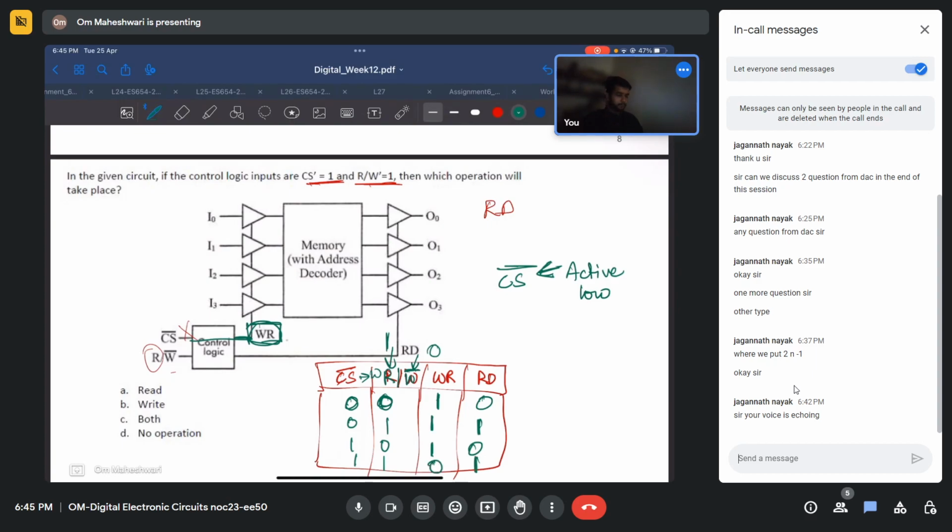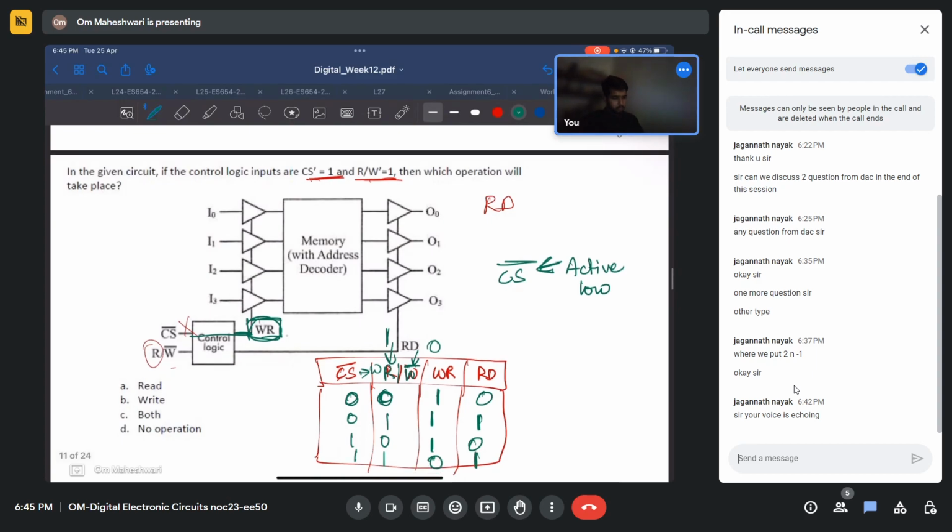So our concern was this 1 1 case. Read will happen, write will not happen.